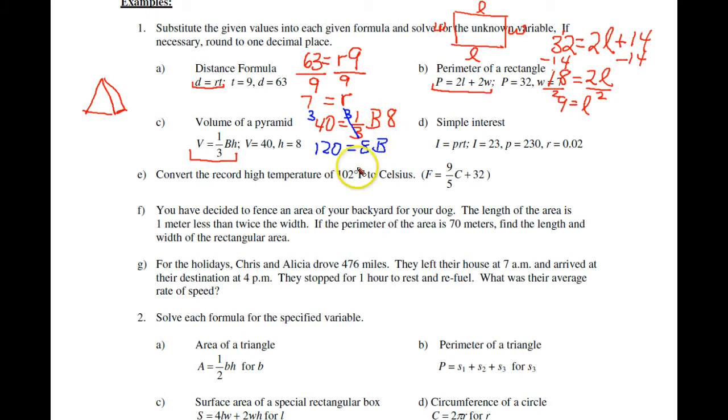I'm just switching these around. And we're going to divide both sides by 8. So we get b equals 15, I believe. And that is correct.